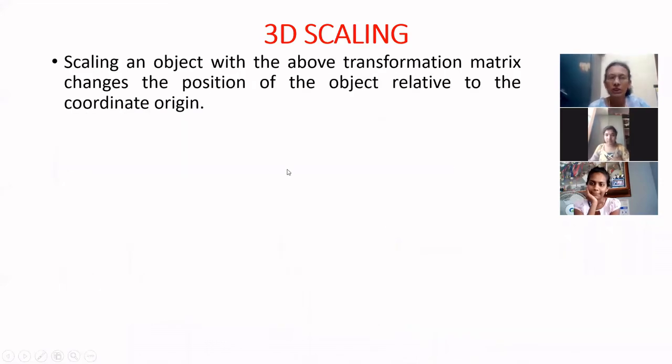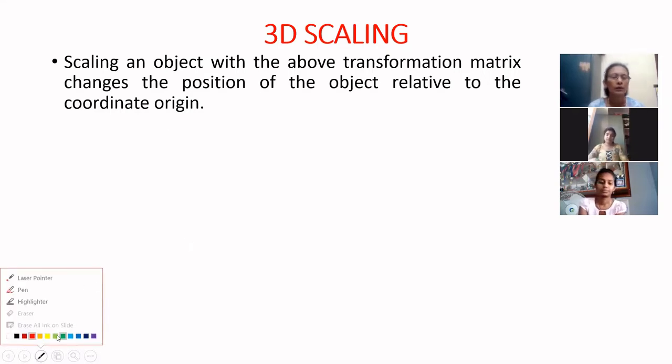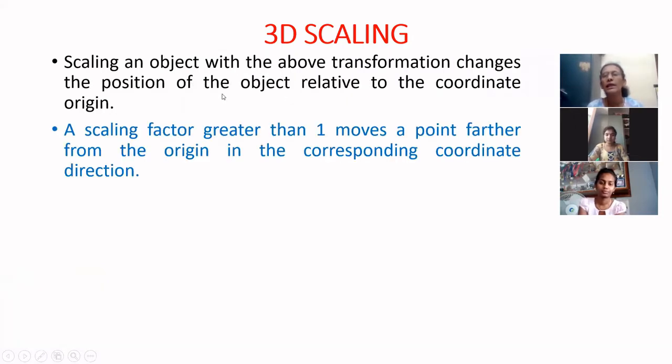In addition to the shape, if you apply our scaling matrix, what we have just now defined, Sx 0 0 0, 0 Sy 0 0, 0 0 Sz 0, 0 0 0 1, we also see that the position of the object changes relative to the coordinate origin.